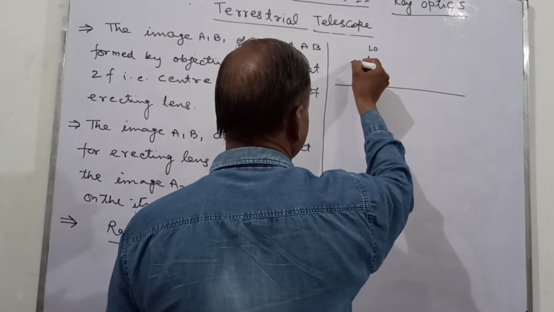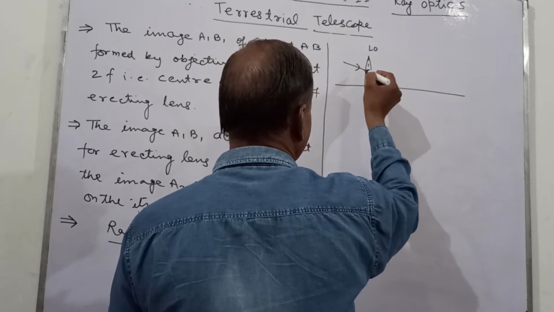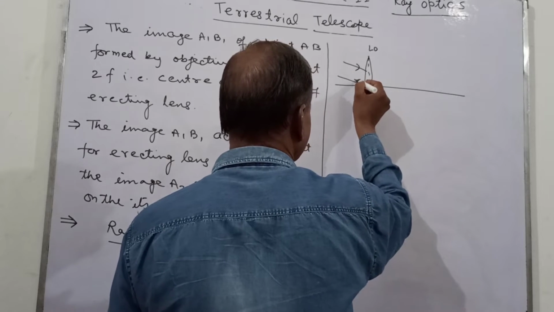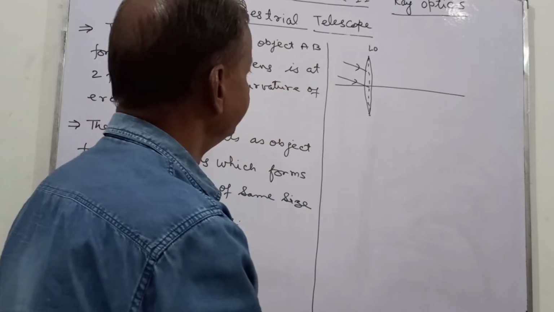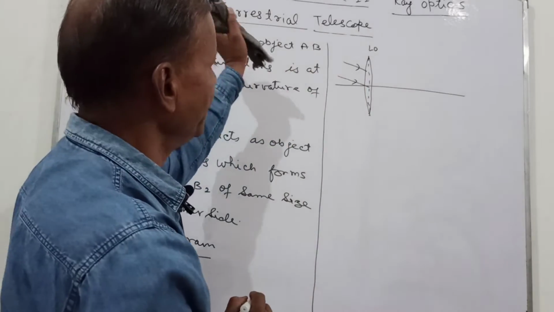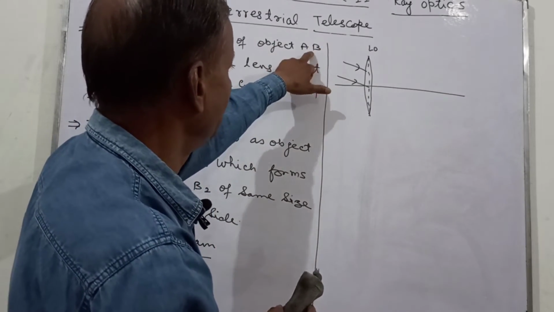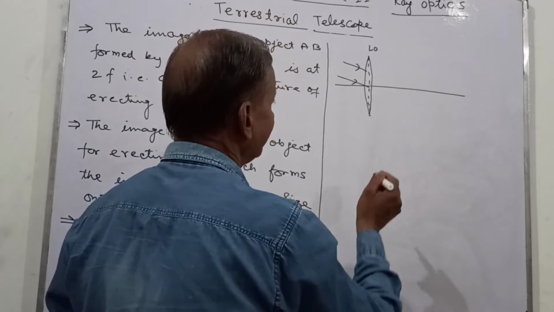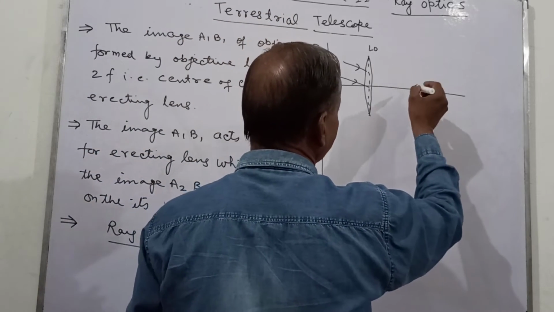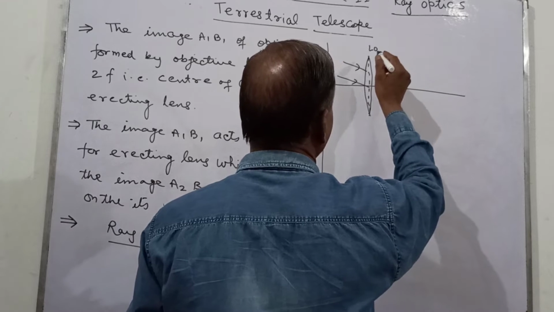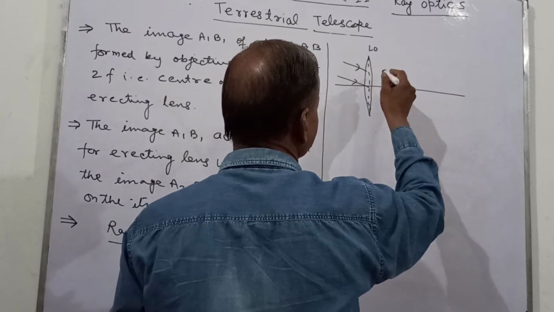The light rays are coming from infinity. The object is somewhere else, that we have named AB. Now these light rays focus at the focus point of this lens L0.